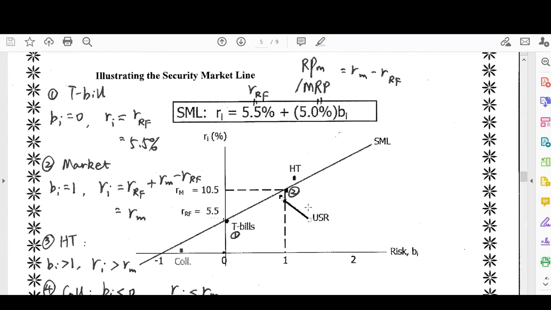We can illustrate this security market line on this graph here. This is the security market line. We use beta as our x and we use Ri as our y. We know Ri, stock return, equals risk-free rate 5.5% plus 5% multiplied by beta for any asset.